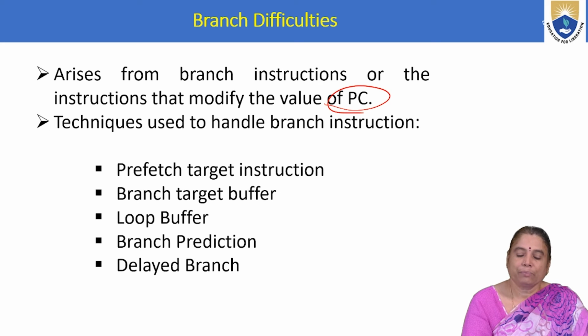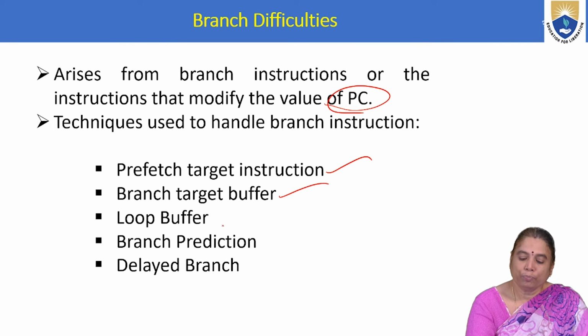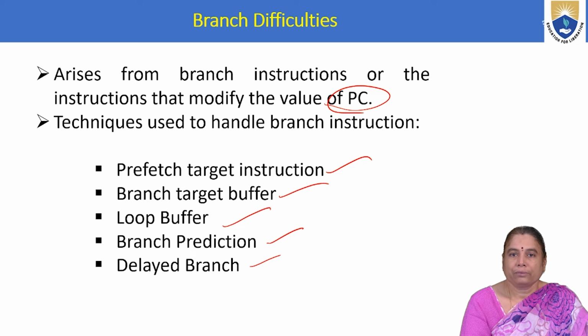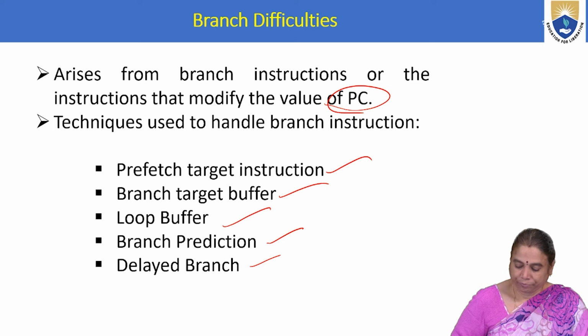To resolve this problem, prefetch target instruction, branch target buffer, loop buffer, branch prediction, and delayed branch techniques can be used. They can use some hardware buffers to save the return address of the program counter.